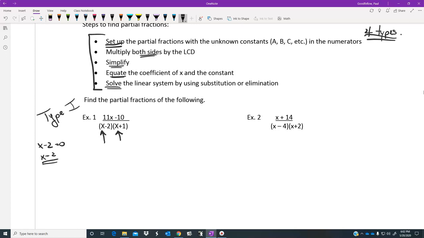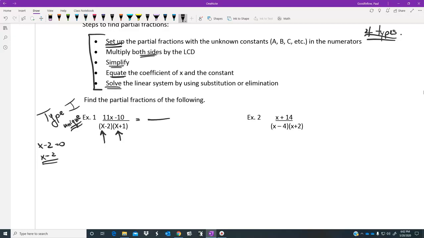This is a real root kind of answer versus something on the bottom that might end up giving you imaginary roots, or maybe it's prime. Those will fall into other types. So if you see stuff that is broken down into individual, unique answers, then you're going to be dealing with a type 1.